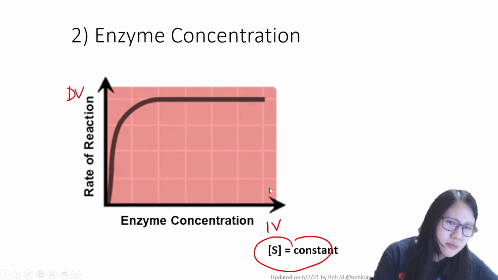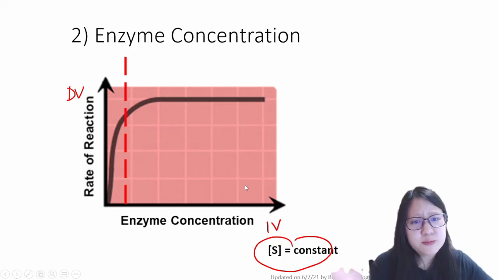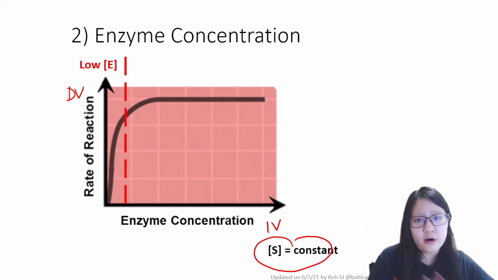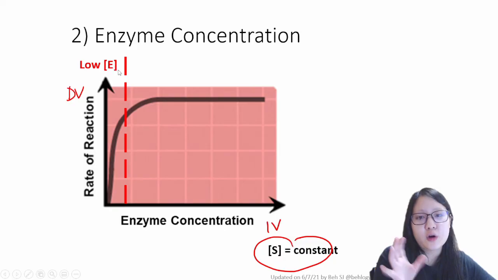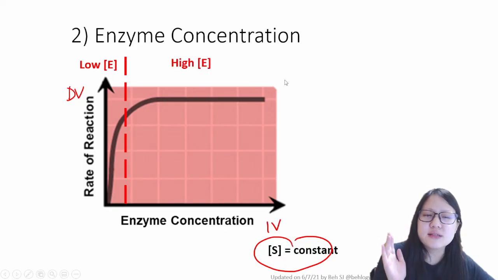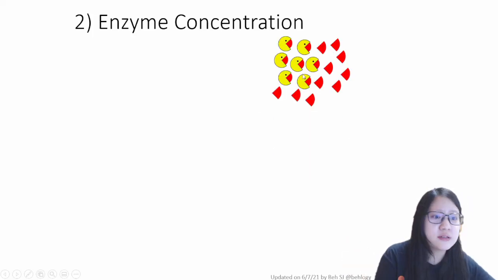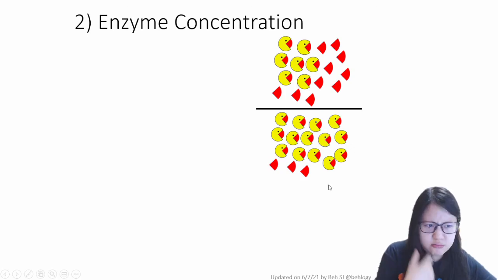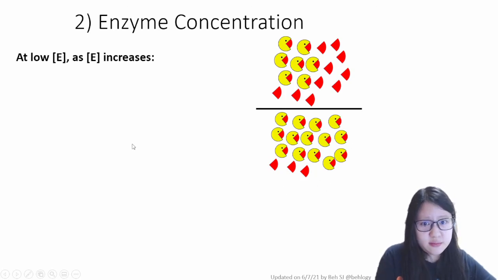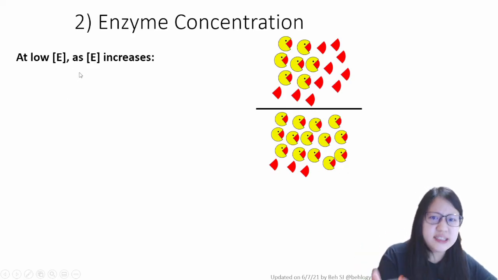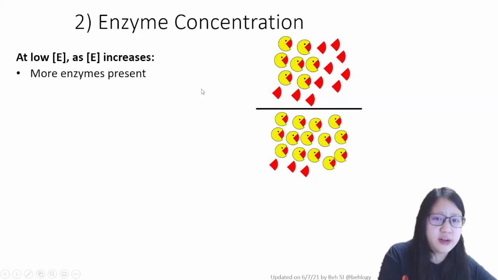Now, again, we can explain this graph by splitting it into 2 parts. What happens at low enzyme concentration? What happens at high enzyme concentration? Let's find out. At low enzyme concentration, as you increase the enzyme concentration, more enzymes are present.